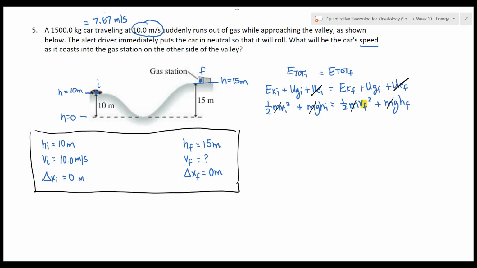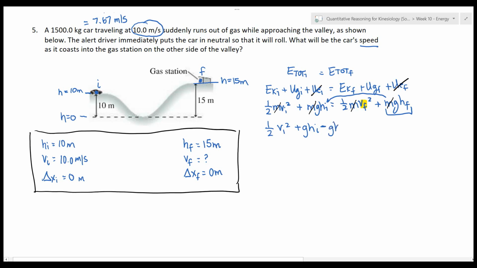Okay, so now let's rearrange and solve for the V final here. So I'm going to bring this gh final to the other side of the equal sign. So I'm going to put a minus, so this term over here is going to the other side.